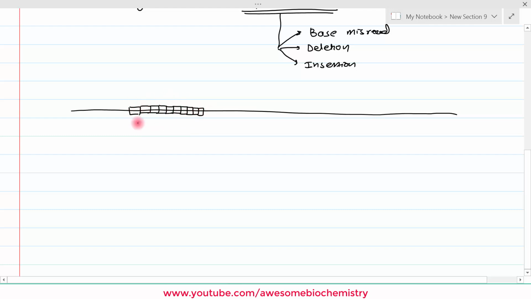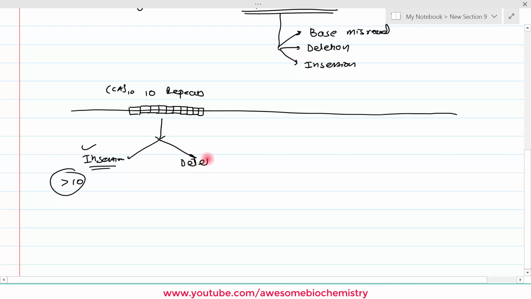So these are 10 repeats of the dinucleotide, which means a total of 20 nucleotides. Suppose while replicating this DNA, a replication error of the insertion type occurred. Here we have 10 repeats, or you can say CA10. Because of the insertion, the repeat number will increase, so there will be more than 10.